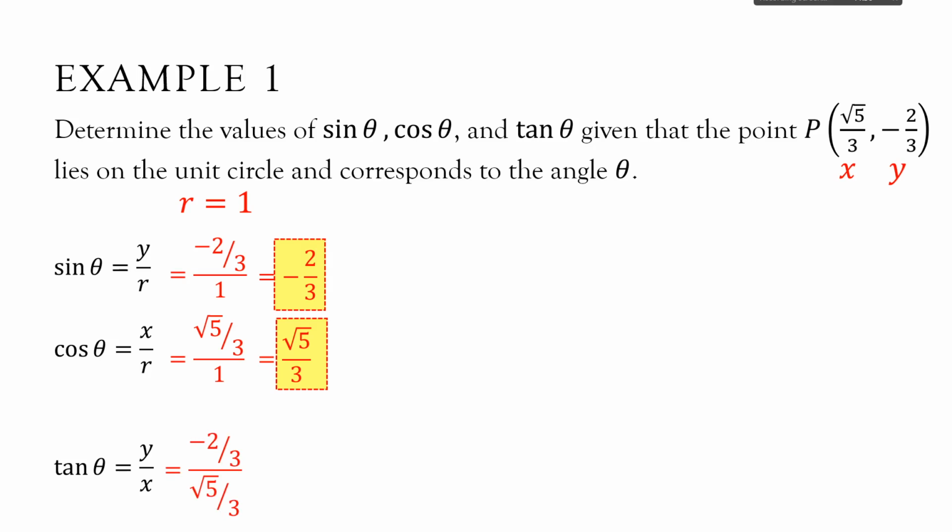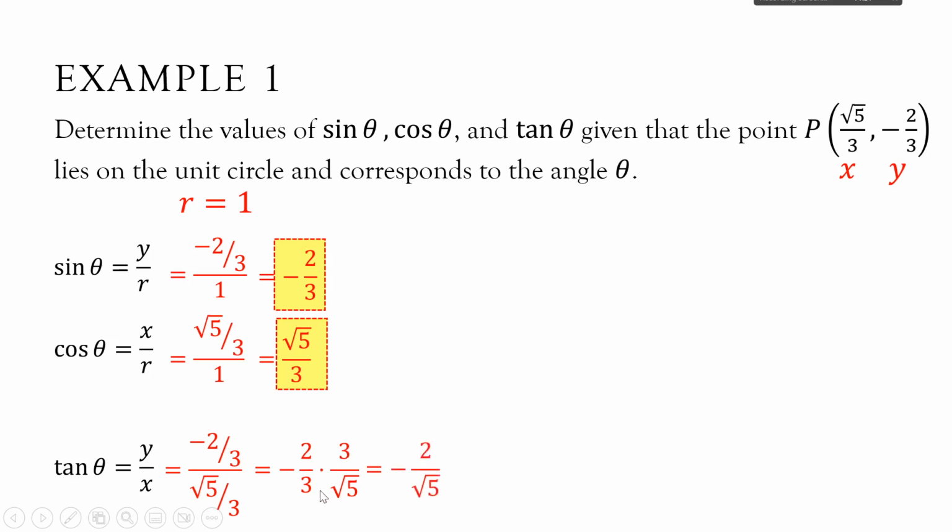I'm going to keep this entire top fraction the same, negative 2/3. I'm going to take the reciprocal, that is, I'm going to flip this bottom fraction to be 3 over the square root of 5. And instead of division, I'm going to change to multiplication. And now I can go ahead and try to clean this up.